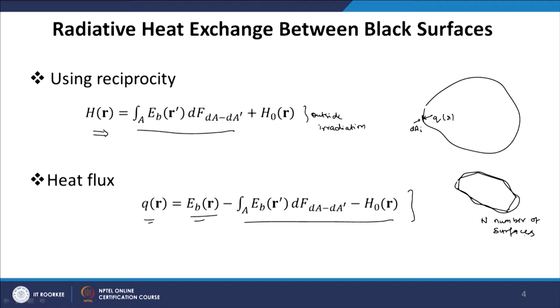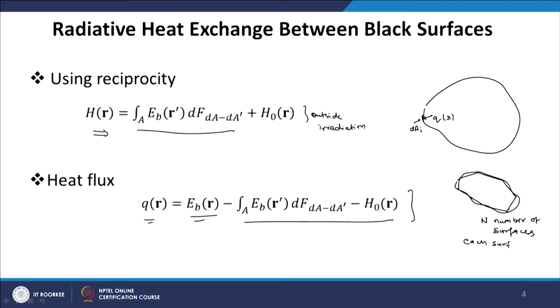We have to approximate that the enclosure contains some n number of surfaces and each surface has uniform temperature distribution. So, there is uniform temperature on the surface. There is no variation of temperature on that particular surface.